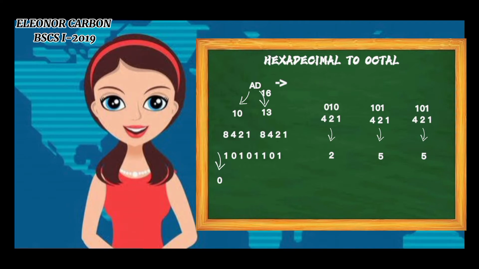Lastly, mayroon tayong 1 next, so that 101 as a binary number equates to 4 as a decimal number. So we're reading from left to right, and now we have our answer. So our answer here is AD base 16 is equals to 255 base 8.